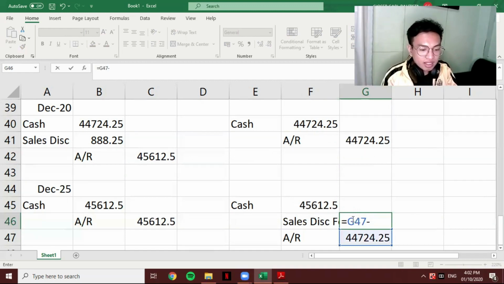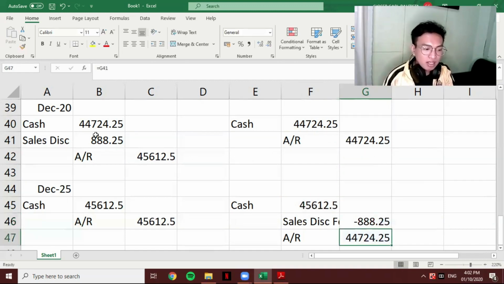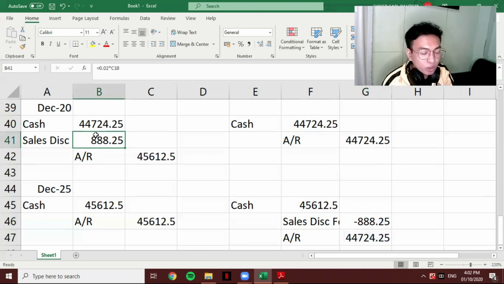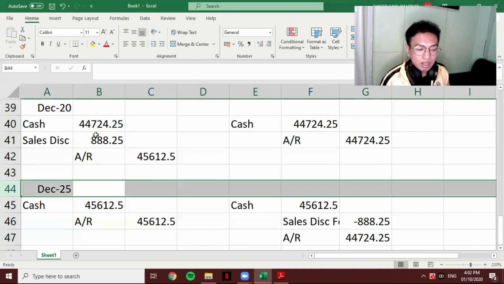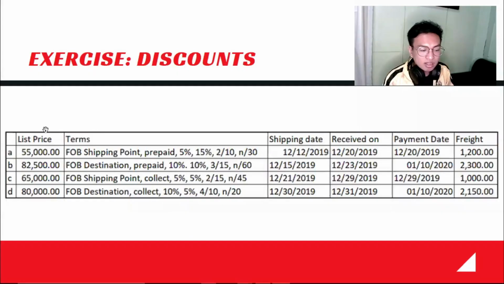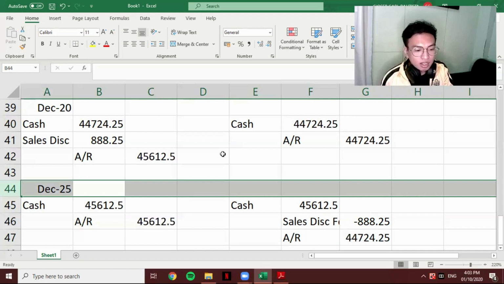You will see that the sales discount forfeited is just the same as the supposedly sales discount should the customer avail the discount. Kaso nga, hindi umabot. December 25 sila nagbayad. And you are given only 10 days para magbayad. So that is how you record the discount.